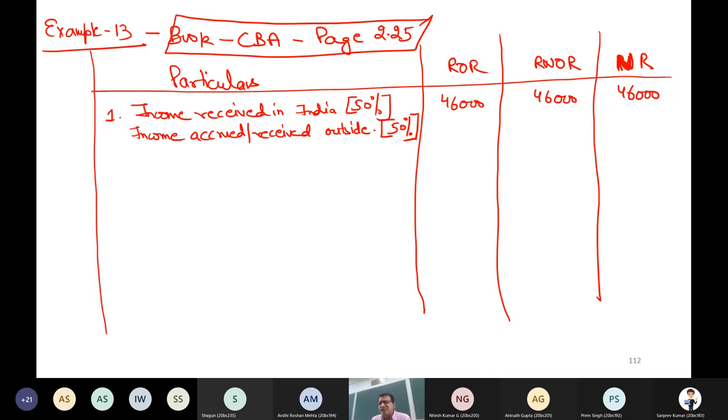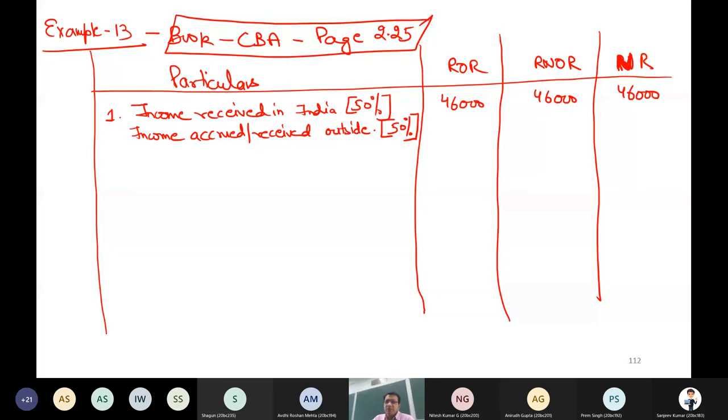If you clearly read section 9, you will find that this interest cannot be covered in that interest which is given in section 9, because for that you must know who is the borrower. The borrower in this case is neither government of India, because there are no Indian government bonds. The borrower, I don't know whether the borrower is resident or non-resident, so I cannot apply section 9 also.